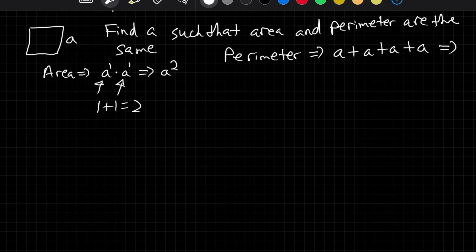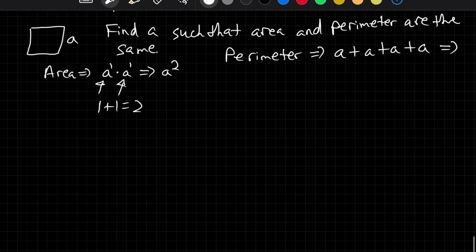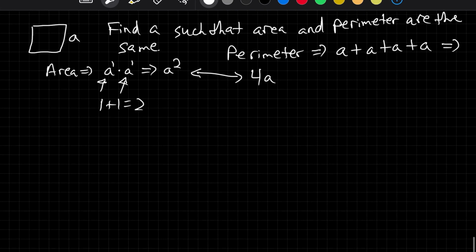Well, we have four A's, so we could say the product of 4 and A. So we could say 4A. So let's set this and this equal to each other. So let's say that A squared is equal to 4A.